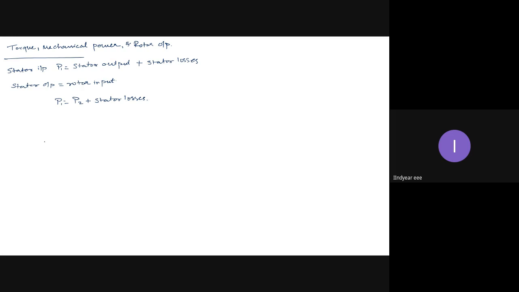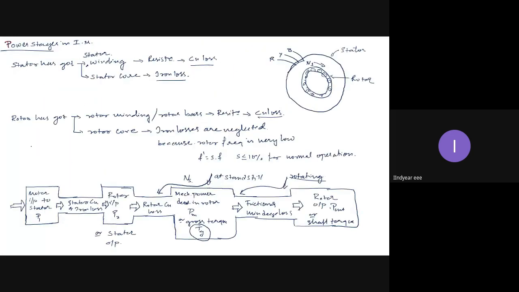Then, in the diagram, the rotor input supplies the rotor copper losses, and the remaining power is developed as rotor power output.